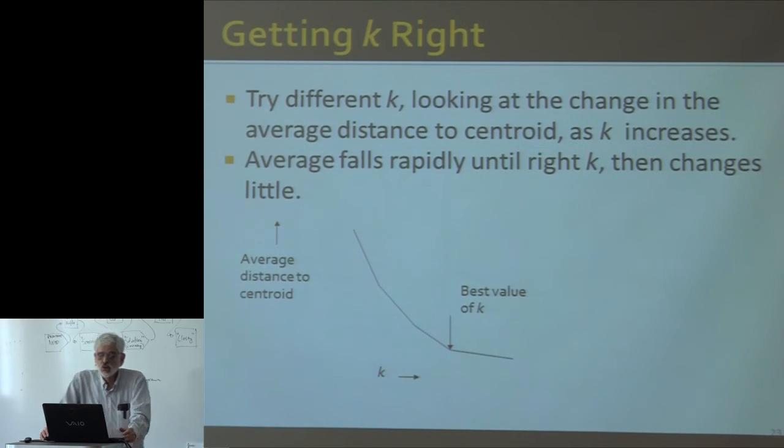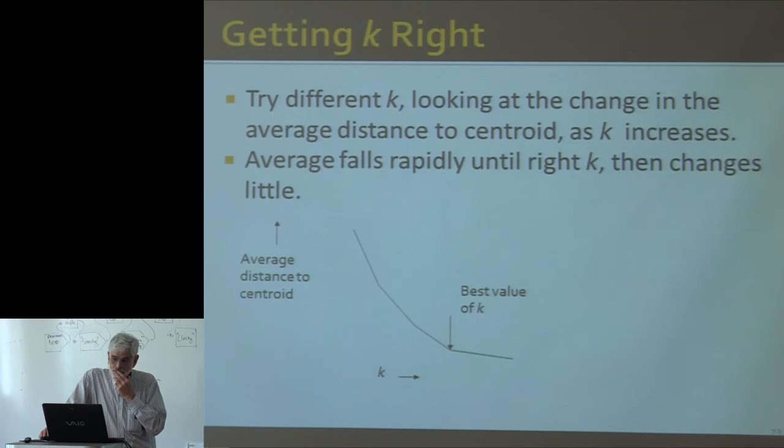But let's look at this: the x-axis is the value of K, and the y-axis is the average distance of points to the centroid to which they are assigned. Obviously this should be a decreasing function of the number of clusters. The more clusters you use, the more likely a point is to be close to some centroid.